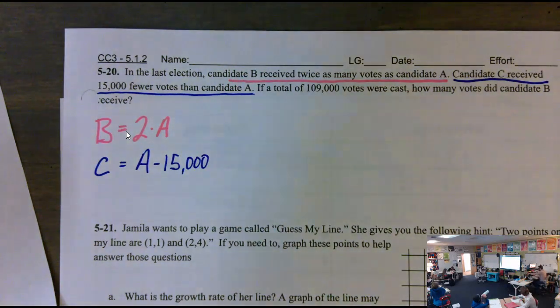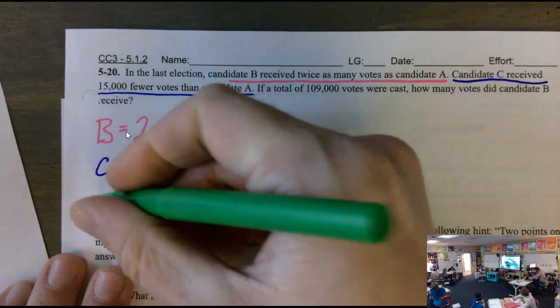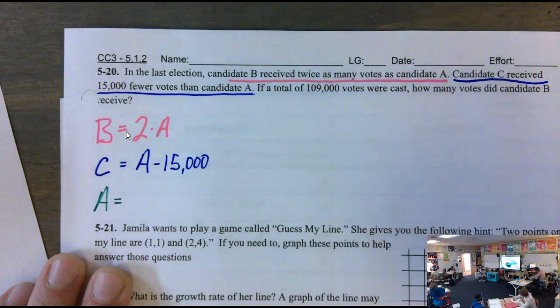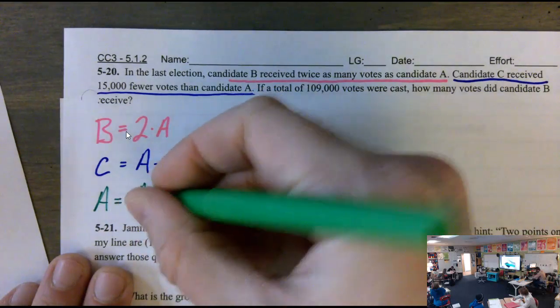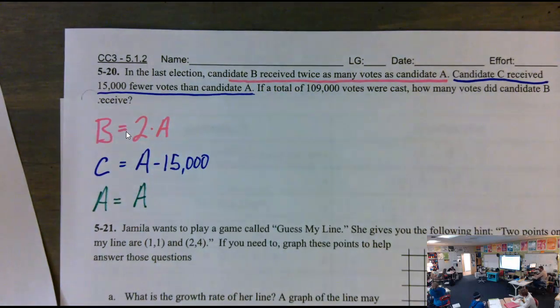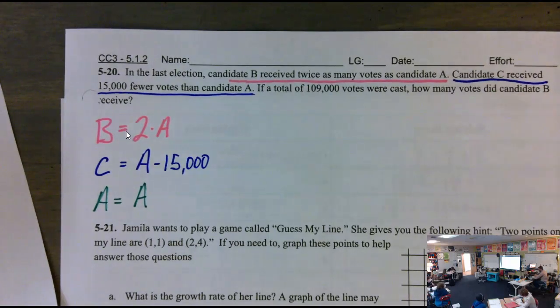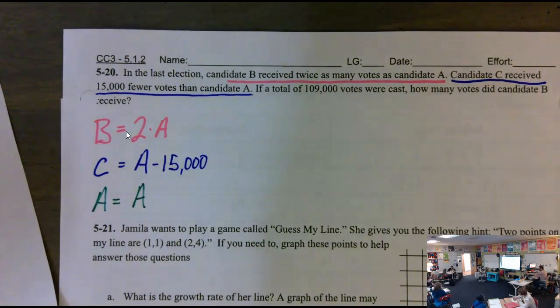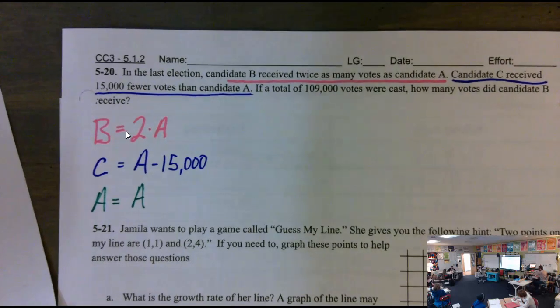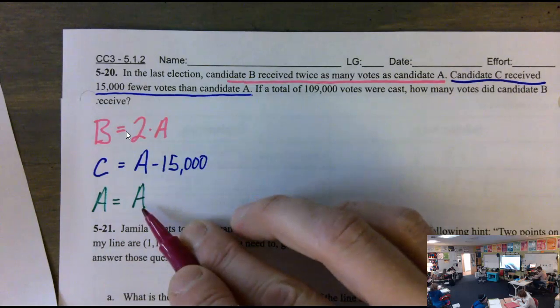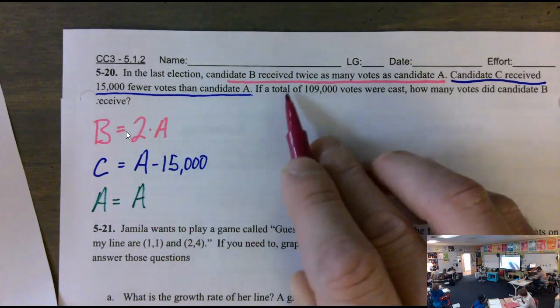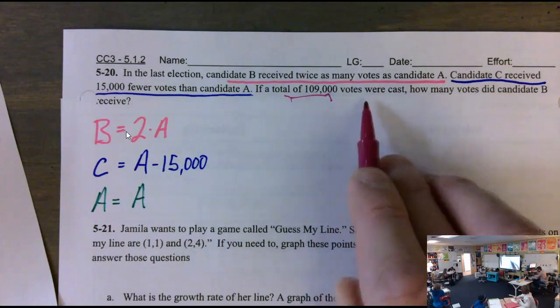What do we know about candidate A? Candidate A is candidate A. A is A. Seriously, this is what most people do: if you are stuck on this problem, you forget to just go ahead and say A is A. The total, 109,000 votes were cast.